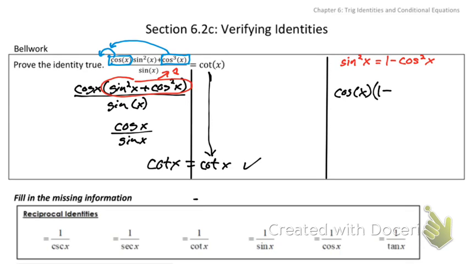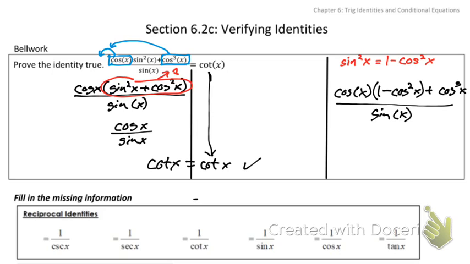So we're going to replace that sine squared x, plus cosine cubed x, all over sine x.